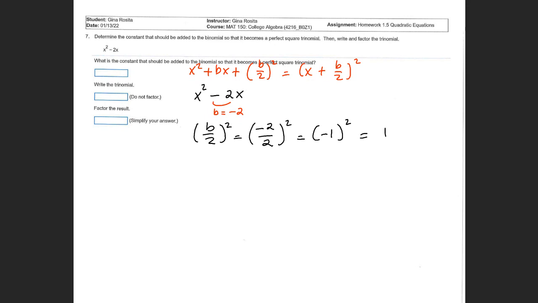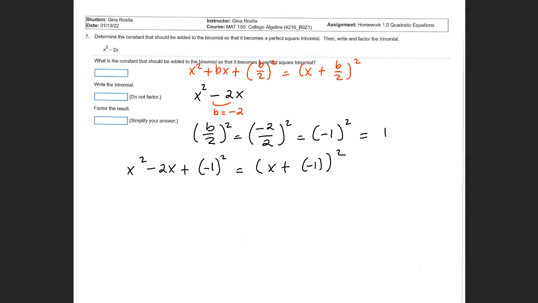Just put the question. So it becomes x squared minus 2x plus, remember again, b over 2. So b over 2 is negative 1, negative 1 squared, equal x plus negative 1 squared.